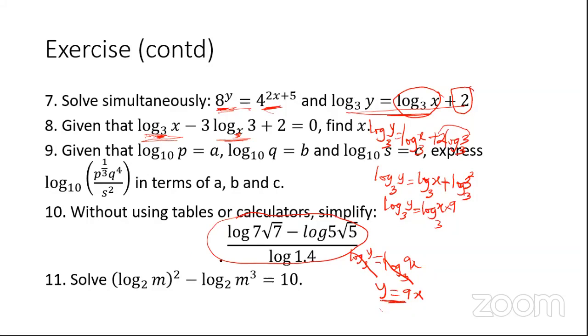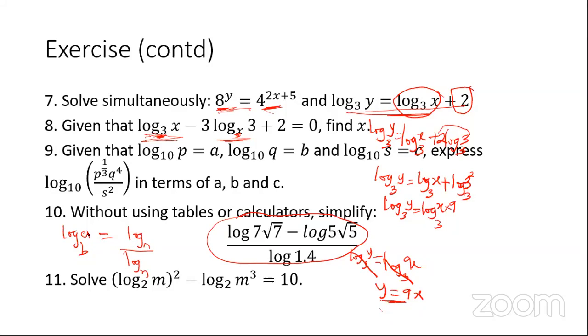And don't forget, I think I need to remind you of the rule for changing the base. We said that we are going to have logarithm of a to base b. Let's assume that we are changing this particular base from base b to base n. It means we are going to have logarithm to base n over logarithm to base n.